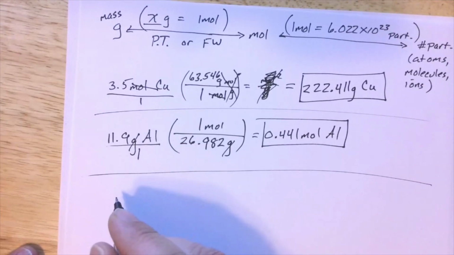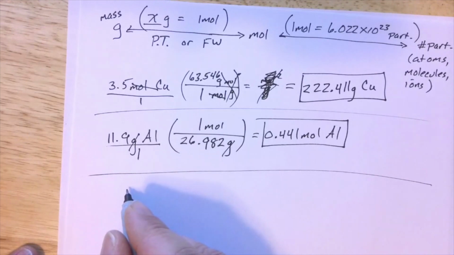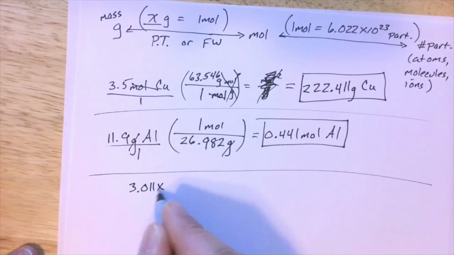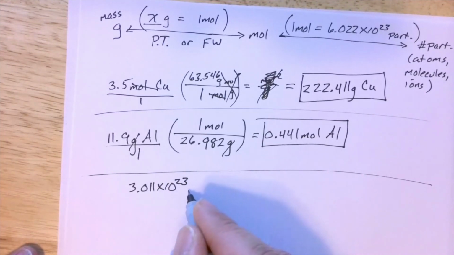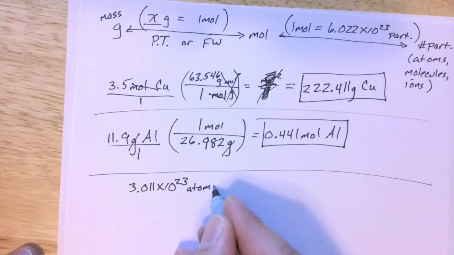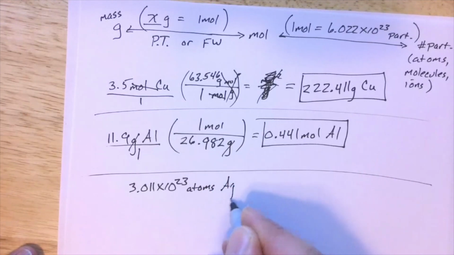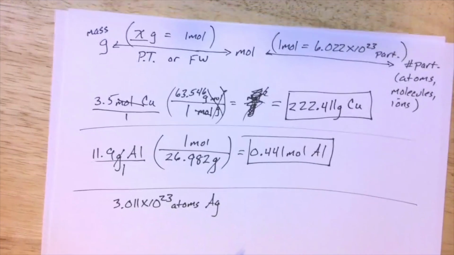All right, so now let's start with the question. 3.011 times 10 to the 23rd atoms Ag, which is silver, and I want to know how many moles there are.